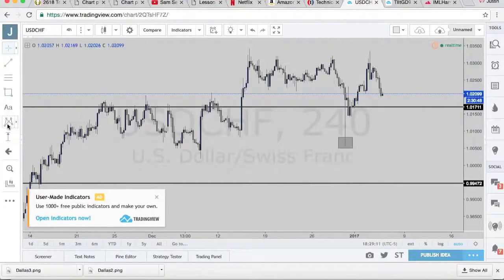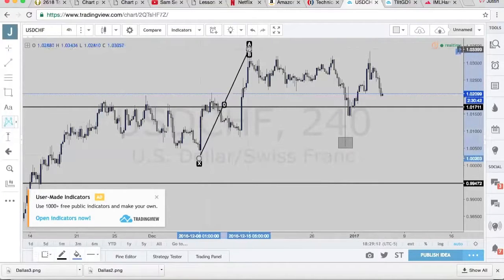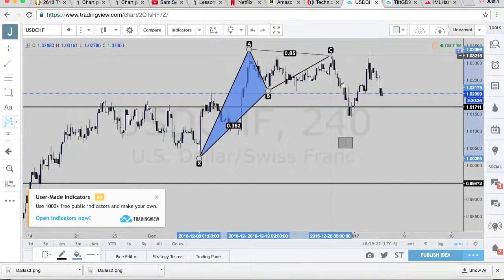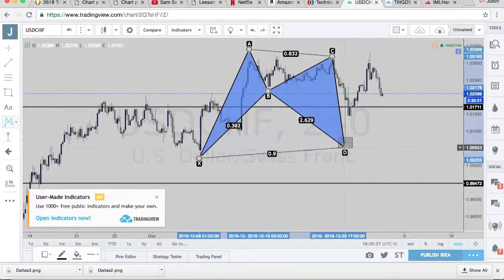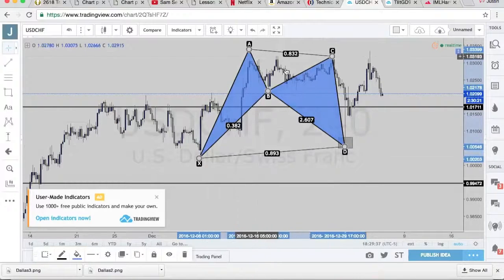We have the pattern here, which starts at point X. You have X to A. You had a retracement down into here to the 88.6, which gives you a nice bat ratio. Retracement at 38.2 from A to B. B to C was an 88.6. And then X to D was 88.6 as well, around that same range.